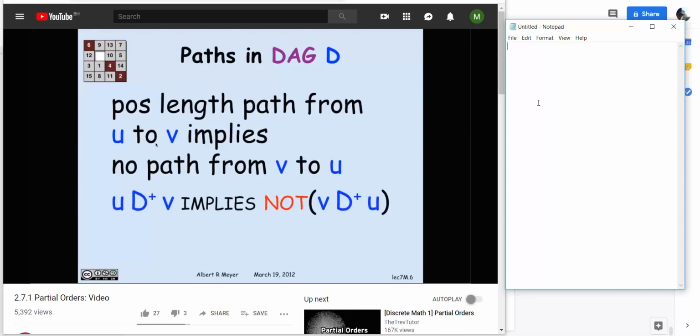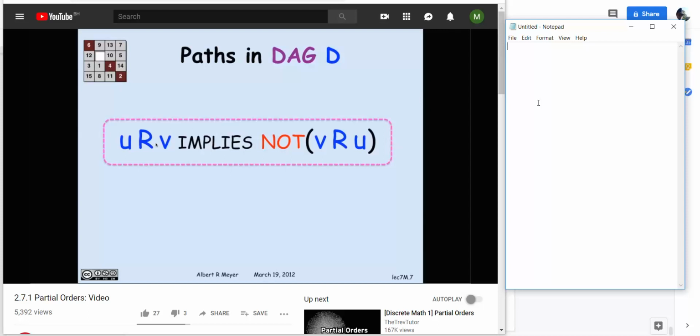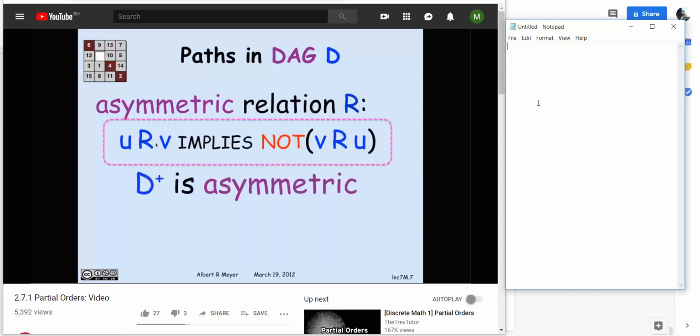So D plus, the positive path relation in a DAG, has this asymmetry property: if U can get to V by a positive length path, then V cannot get back to U by a positive length path. Abstracted, U R V implies not V R U. That's the asymmetry property of an arbitrary relation R, and by definition of acyclic, D plus is asymmetric in a graph without cycles.